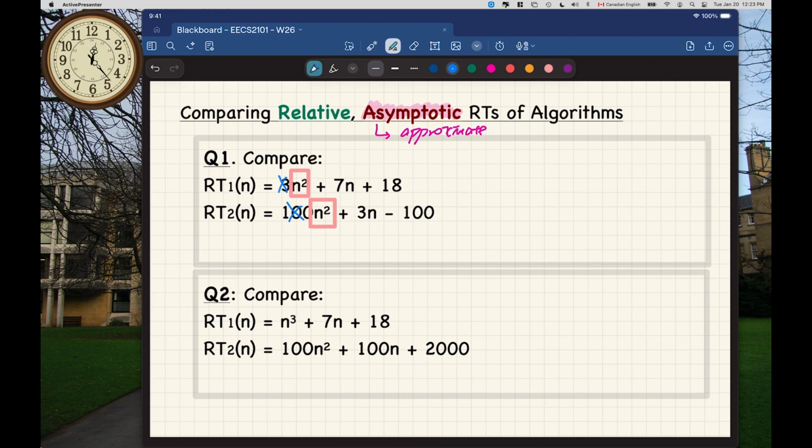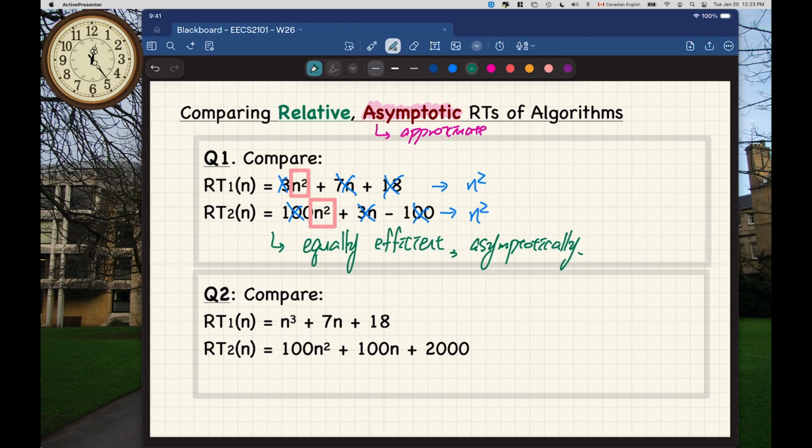All the lower terms are gone. So this one is really just about n squared, and this is also n squared. The conclusion you can make is that they are equally efficient asymptotically. However, it is very important for you to add asymptotically. That's a very important context, since we are approximating.